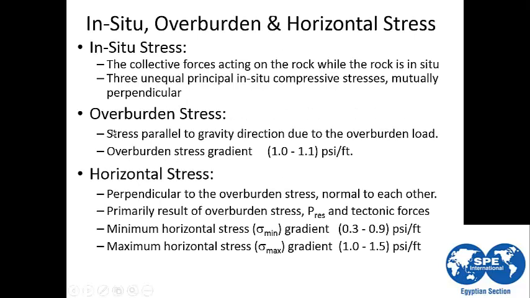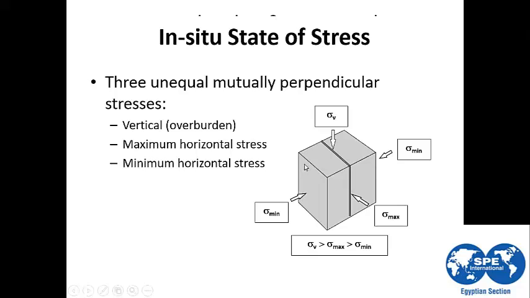So we have in-situ stress. We have the effective forces acting on the rock while the rock is in situ: three unequal principal in-situ compressive stresses, mutually perpendicular to the rock sample. We can explain this term here.